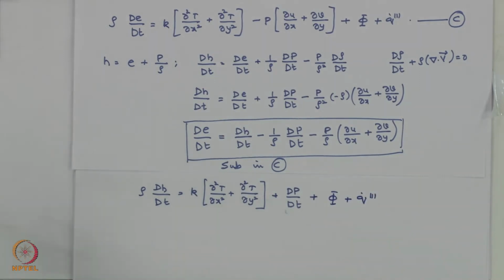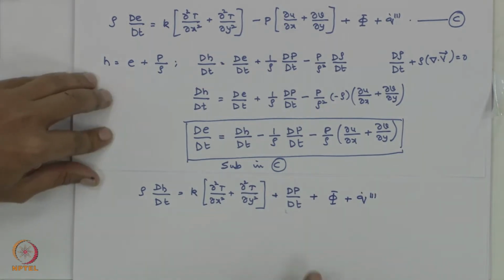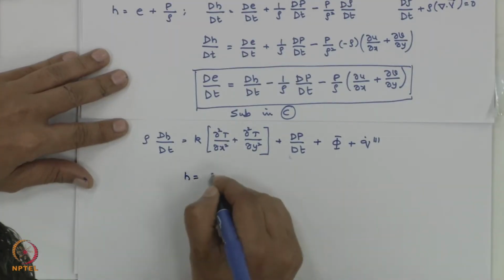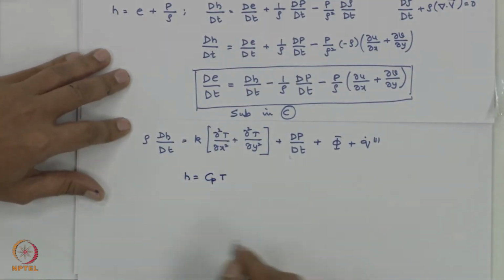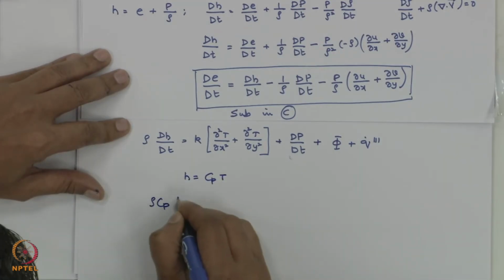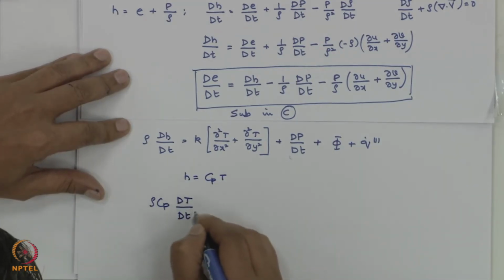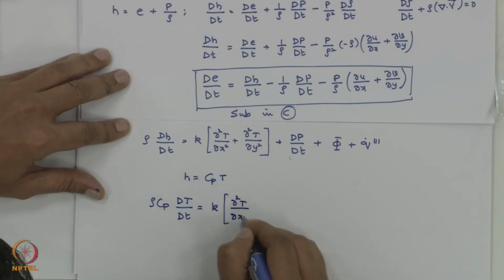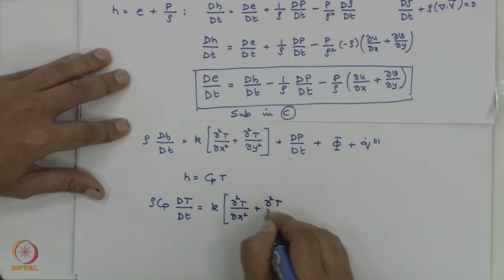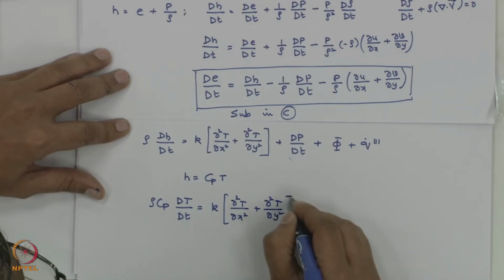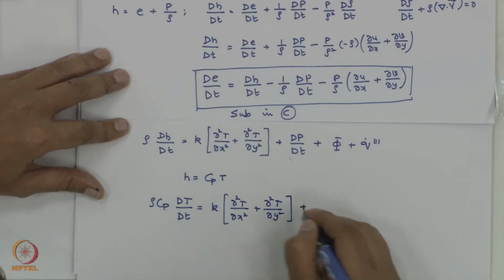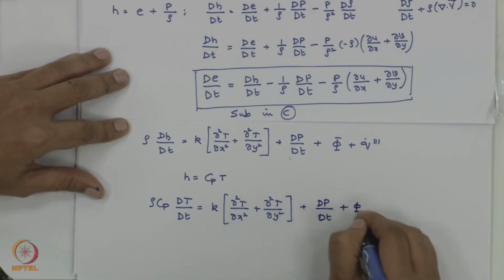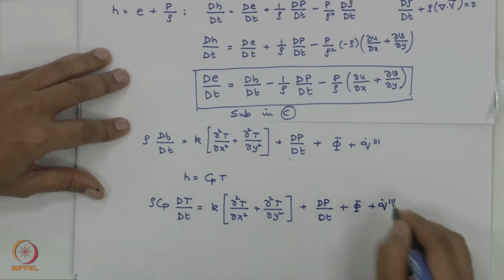Okay, we will have to just substitute H equal to Cp times T. If I substitute that, I get rho Cp dT by dt equal to k times del squared T by del x squared plus del squared T by del y squared, plus dP by dt plus phi plus q dot triple prime.